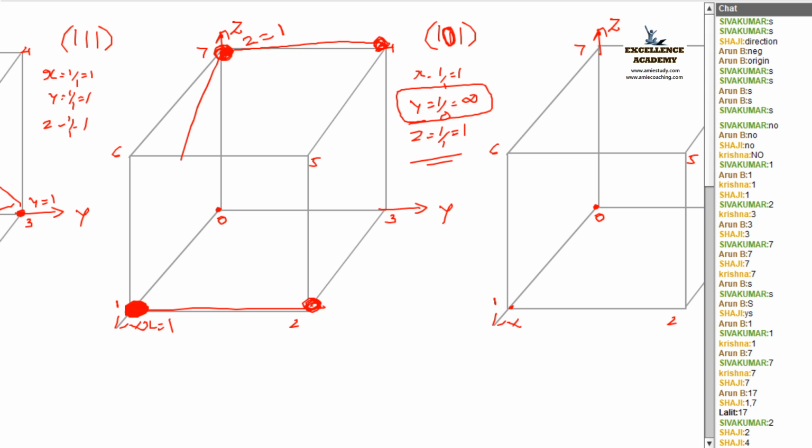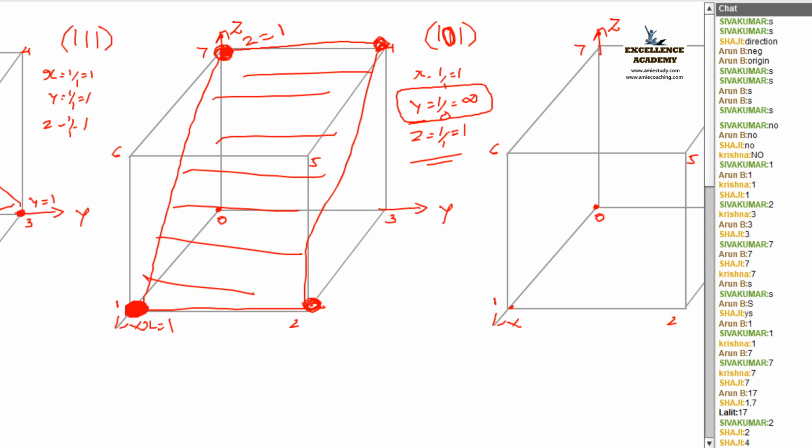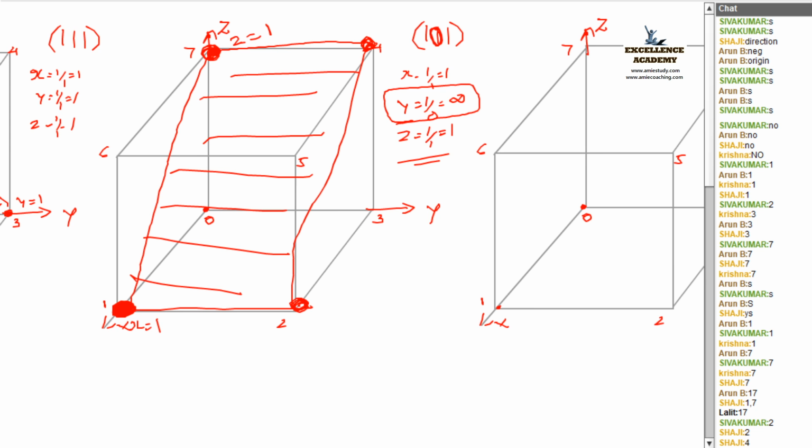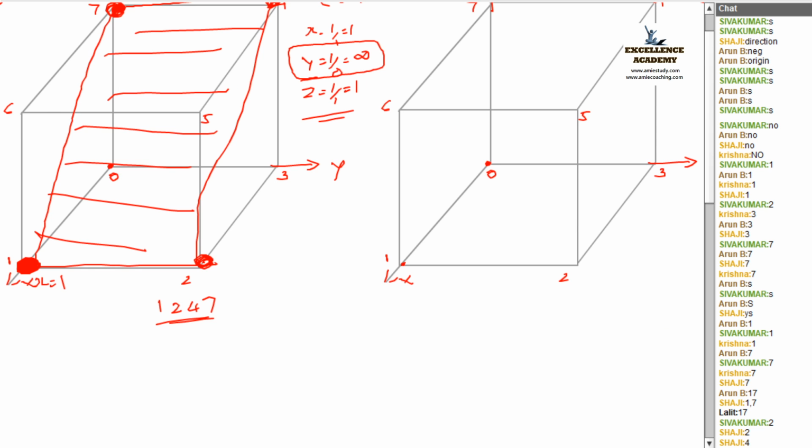Join all these points by means of straight line. You will get the plane. Clear? I will name this plane as 1, 2, 4, 7. Like this, please give me the answer for the next question.